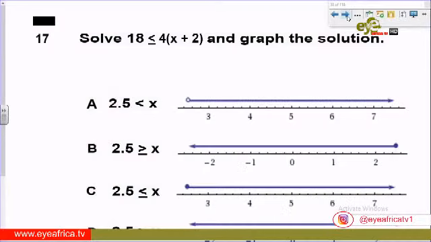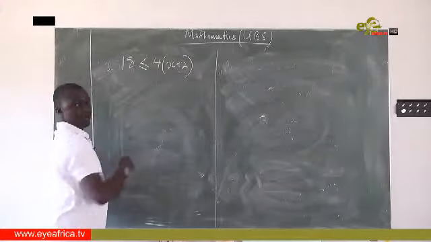Again, we have another inequality to solve. We solve 18 is less than or equal to 4 into x plus 2, and also graph it. Okay, 18 is less than or equal to 4 into x plus 2. Then we graph it.